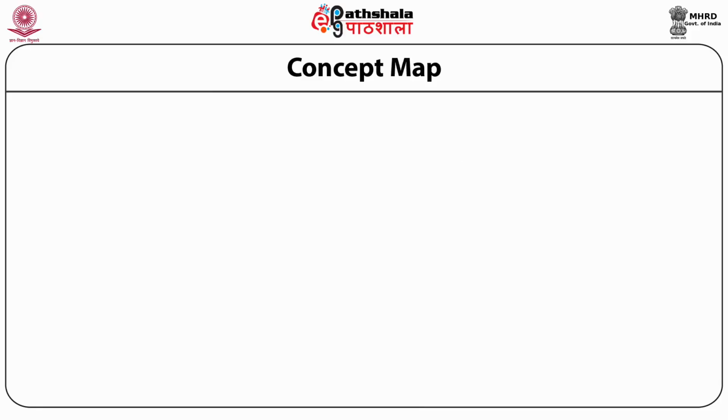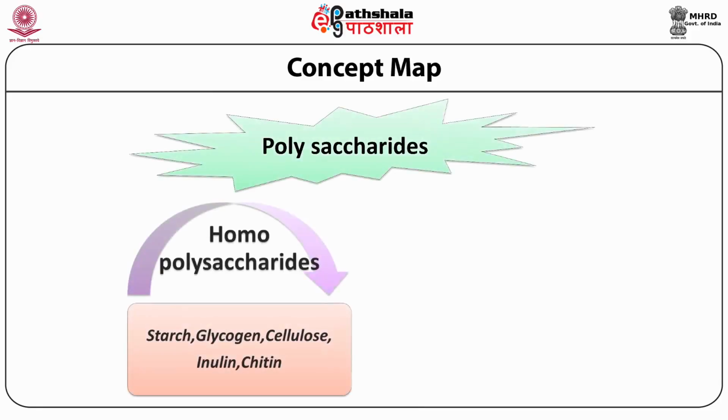If you see the concept map of polysaccharides, homopolysaccharide examples are starch, glycogen, cellulose, inulin, and chitin.